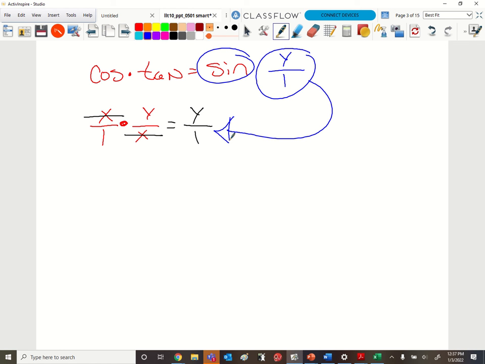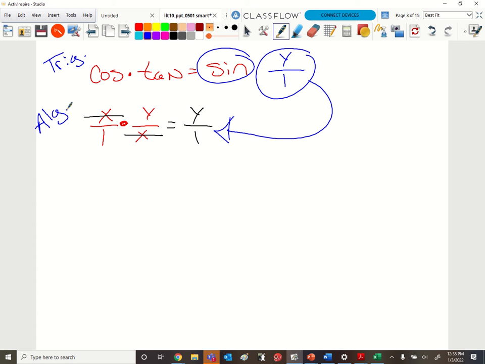By the way I'm showing you how to do this, this is called a translation. So we're translating it from trigonometry to algebra. We start from trigonometry, translate it using x, y, and r into algebra, and when we're done, we can translate the answer back.